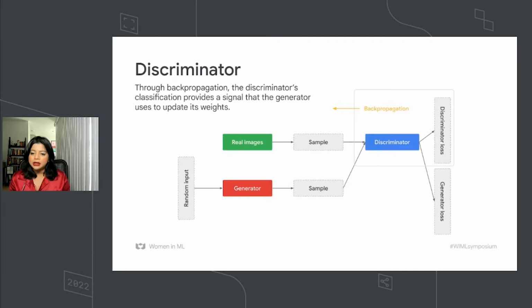In summary, through discriminator training, the discriminator classifies both real data and fake data from the generator, and then the discriminator loss penalizes the discriminator for misclassifying a real instance as fake or a fake instance as real. The discriminator also updates its weights through backpropagation from the loss and through the discriminator network.